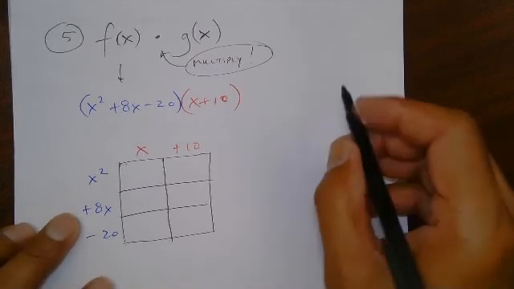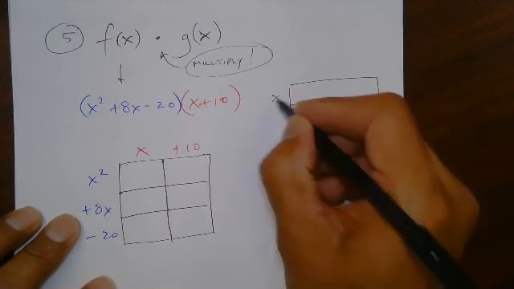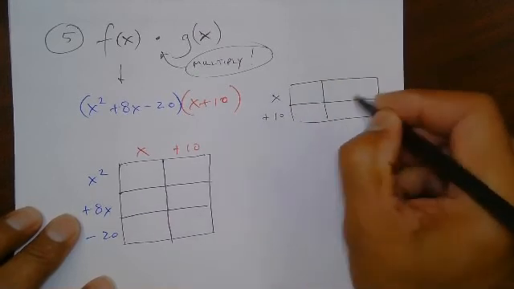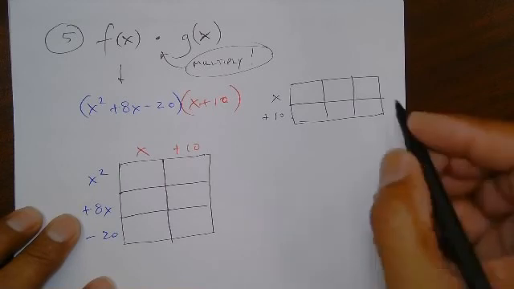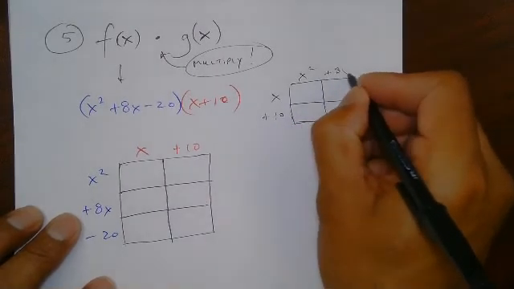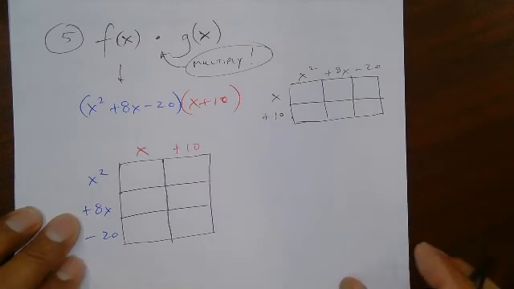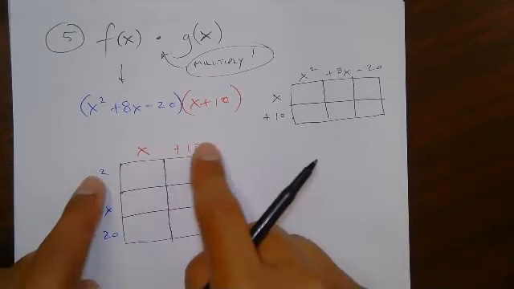Could you have set it up the other way? Yeah, you could also set it up the other way. You could have put the x plus 10 over here, or the x and the plus 10 like this, and then this one like this. Maybe you like this way better. It's going to come out the same if you do it right.